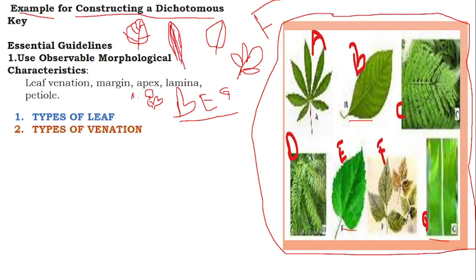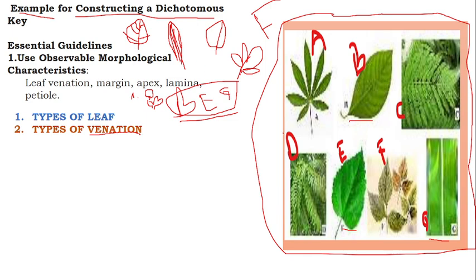After understanding, I have seen there are three rifts which are simple rifts. But among those simple rifts, some I can distinguish based on types of venation, either reticulate venation or parallel venation.